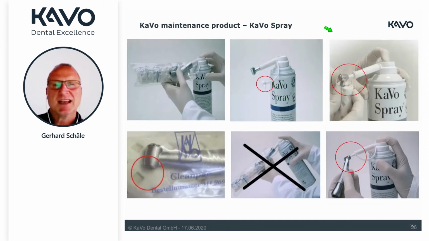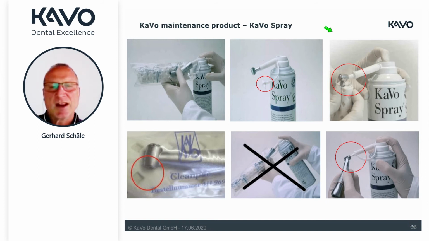Shown here more precisely is how to do it, and this is something you really have to show to the persons who are responsible for the cleaning. You can clearly see here, when you do the cleaning with a spray bottle, how to stick the instrument into the clean pack. Never place the instrument completely in the cotton on the inside so that you cannot see the instrument.